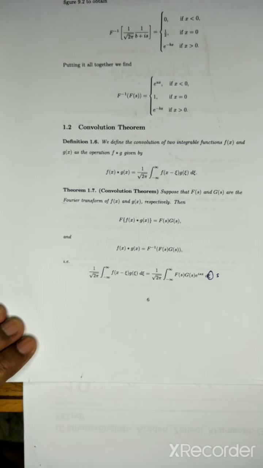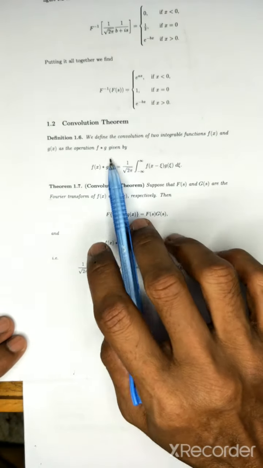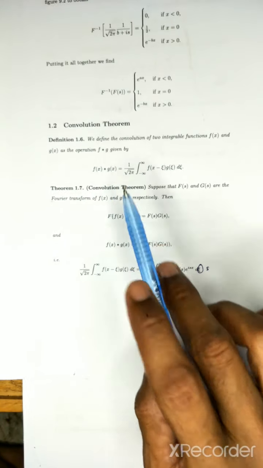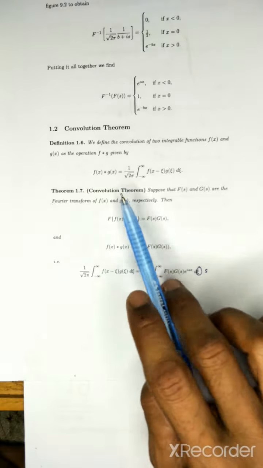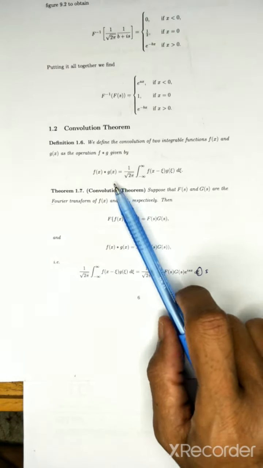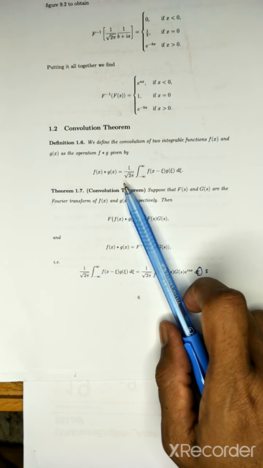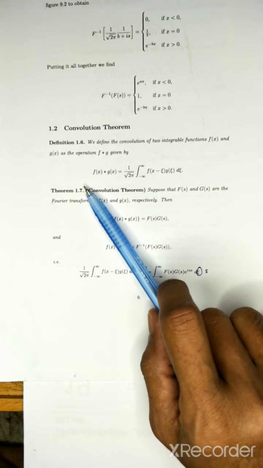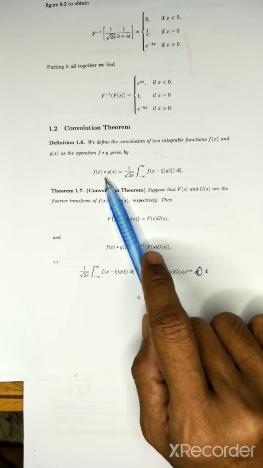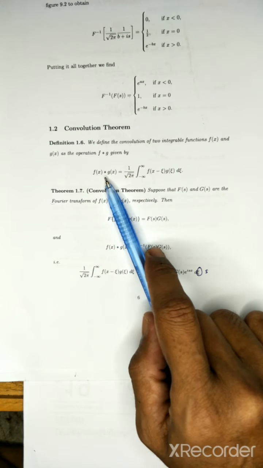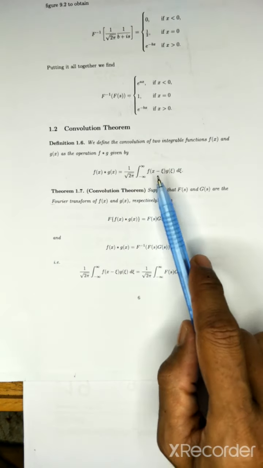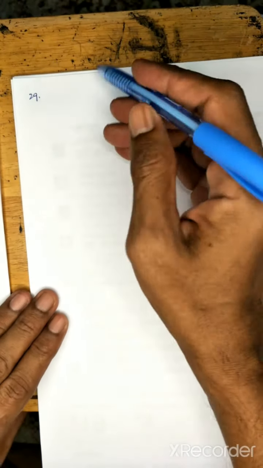I hope that. So the definition of the convolution itself is that if we have two integrable functions f(x) and g(x), we use the operation star there. So f star g is given as this.